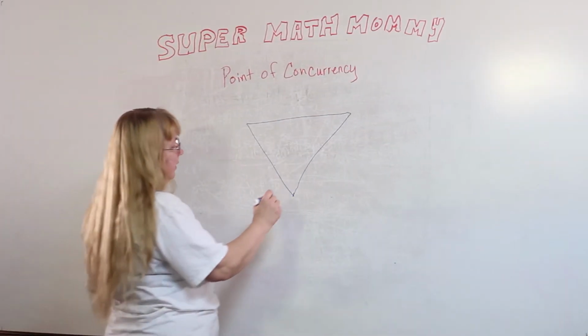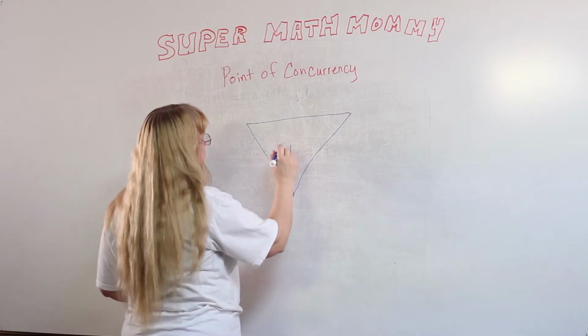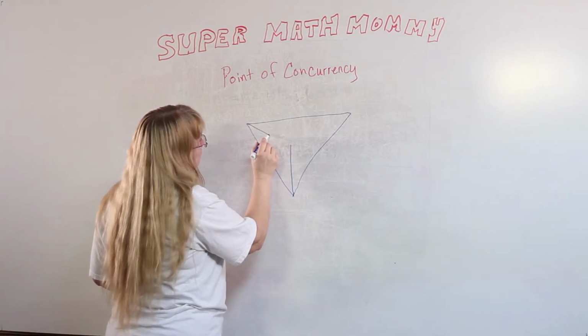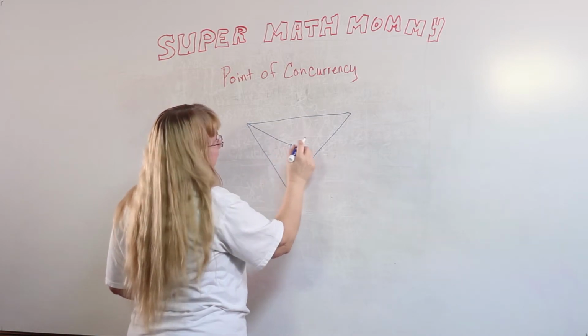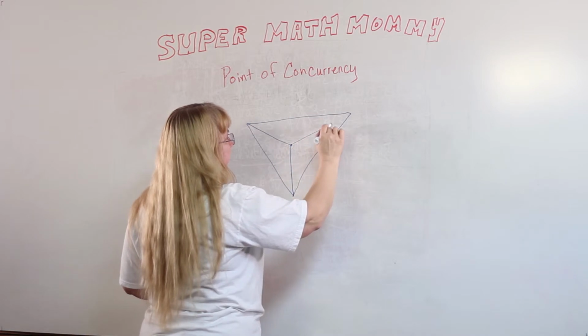Get my angle bisectors. And I'm not drawing them all the way across because I don't want them to get in the way of the perpendiculars.